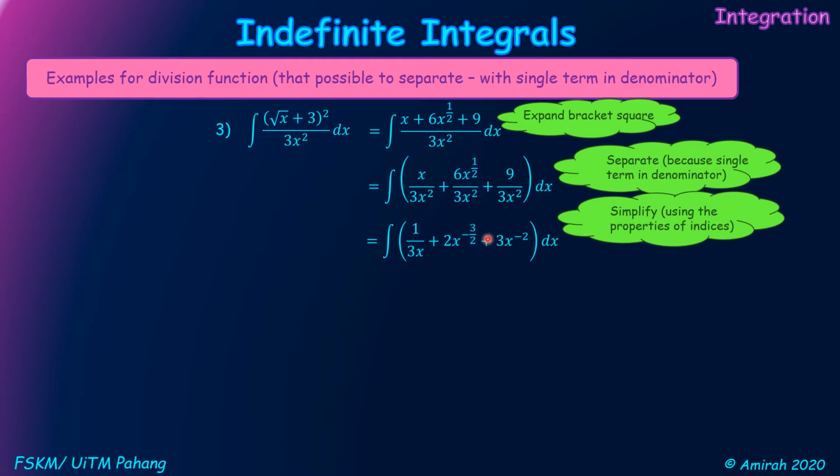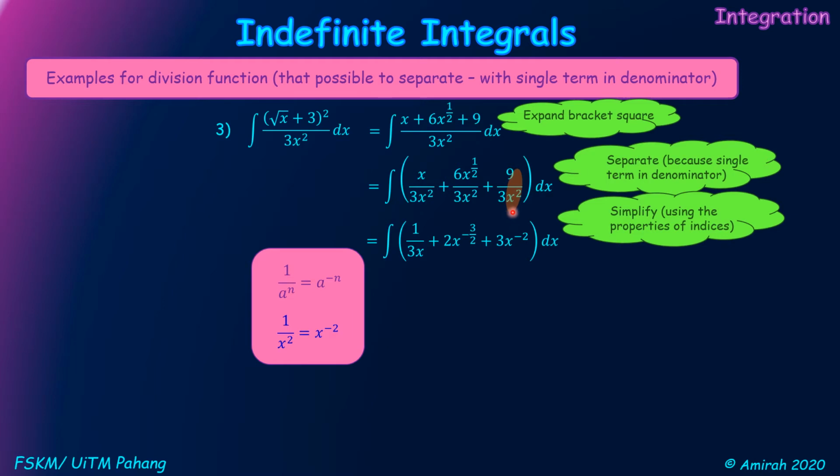Alright, and then we can simplify 9 over 3, and we get 3. And then we can move up the x² here using 1 over a to the power of n equals a to the power of negative n.